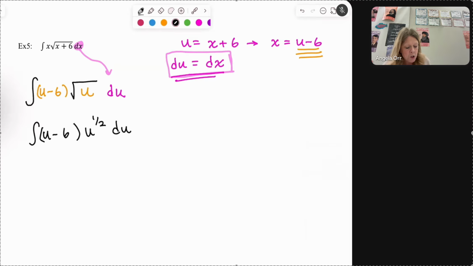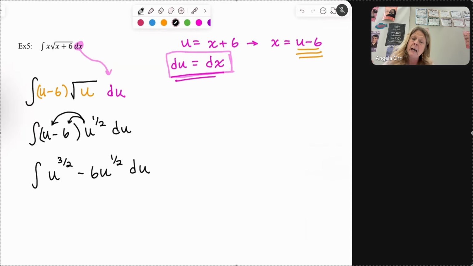I can distribute u to the 1/2, so I get u to the 3/2 power, because 1 plus 1/2 gives us 3/2, minus 6u to the 1/2 du. Now I can take the antiderivative of both of those terms.